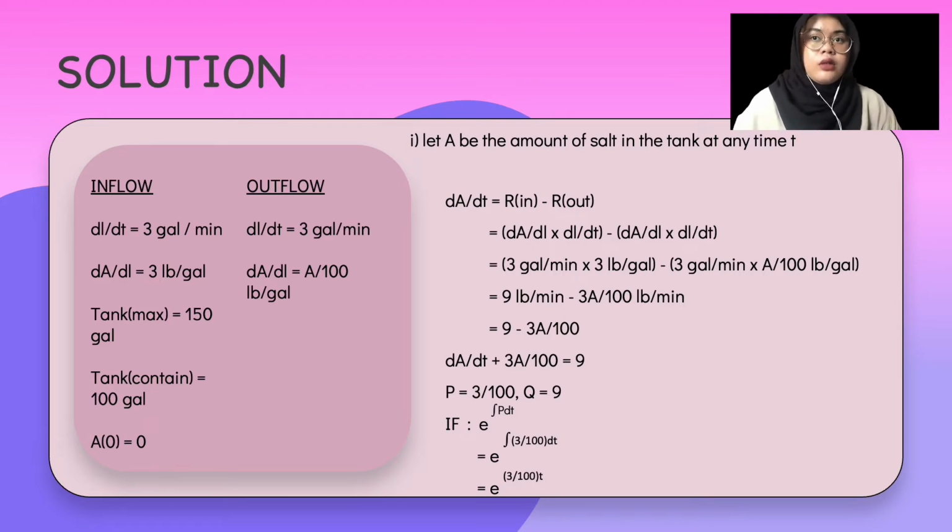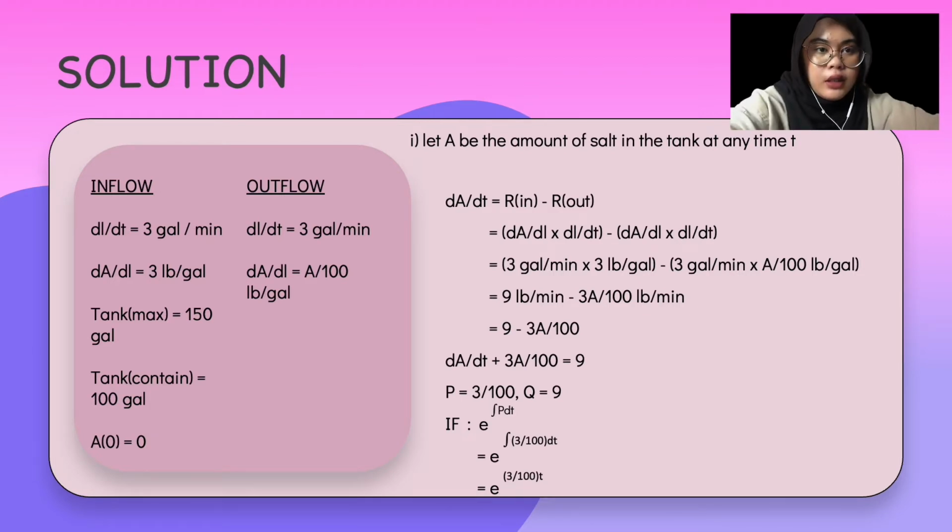We insert the values: 3 gallons per minute multiplied by 3 lb per gallon, minus 3 gallons per minute multiplied by A over 100 lb per gallon. After that, we get the equation dA/dt equals 9 minus 3A over 100. So we move the negative 3A over 100 over, and we get dA/dt plus 3A over 100 equals 9.